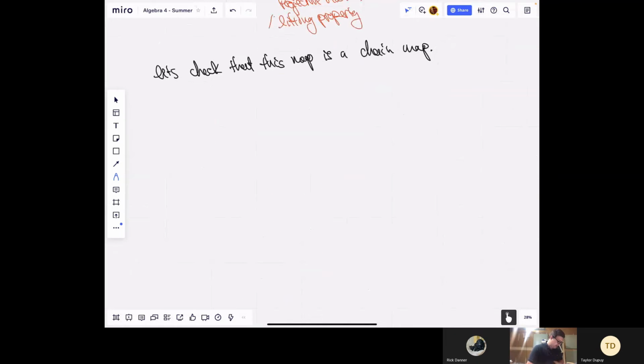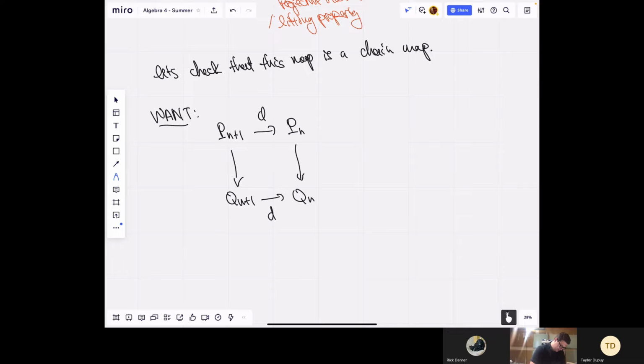So Pn plus 1, Qn plus 1, Qn, Pn. We want this to commute.